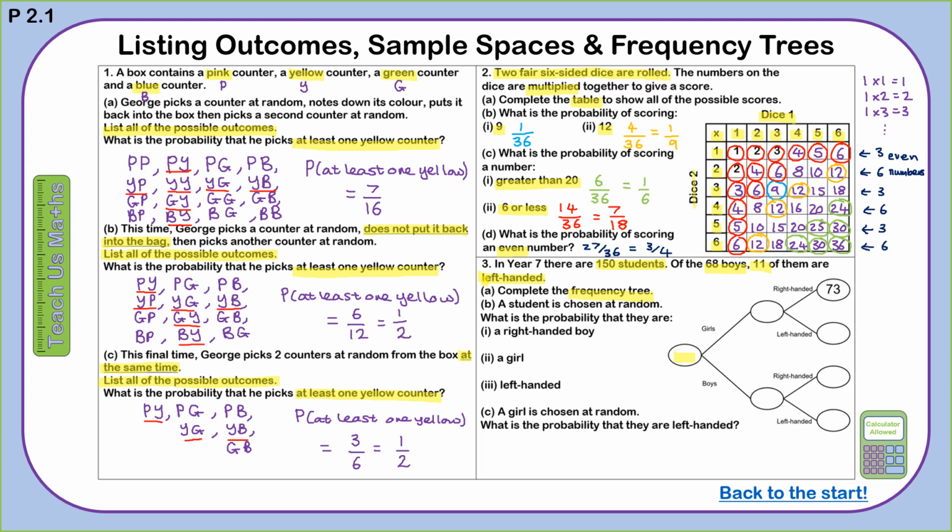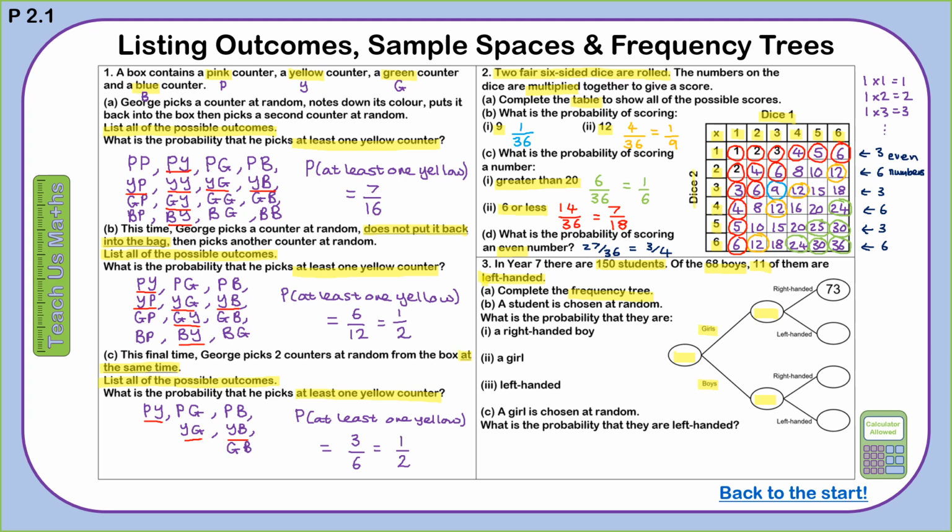This total number of students is then split into 2 categories. In this case, girls and boys. In this section, we will have the total number of girls in Year 7. In this section, we will have the total number of boys in Year 7.